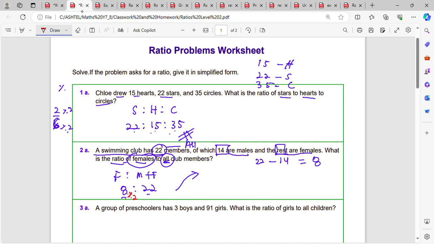Divide by 2, you will get 4 to 11. Once you have one odd, one even, that's where you check whether it can be divided by any odd numbers. Once it cannot be divided at all, that is your final answer. As for this one, we don't have any numbers that can be divided, so that is our final answer.